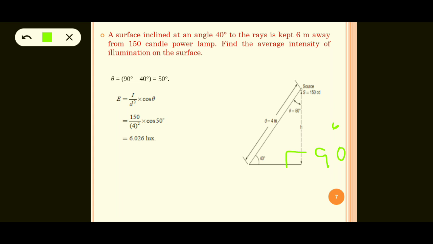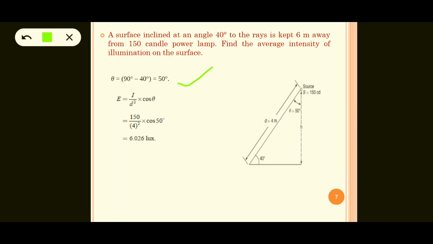Because the total angle is 180 degrees: 90 plus 40 is 130, and 130 plus 50 is 180 degrees. So theta is equal to 90 minus 40, 50 degrees.